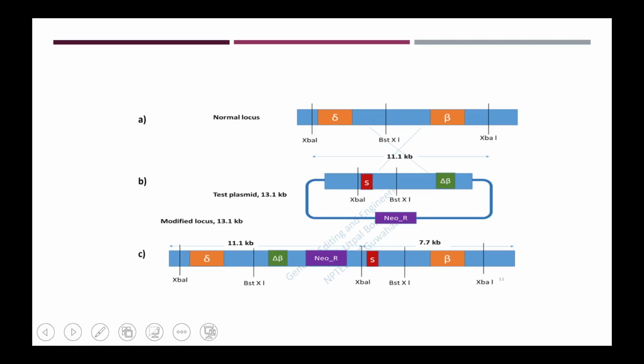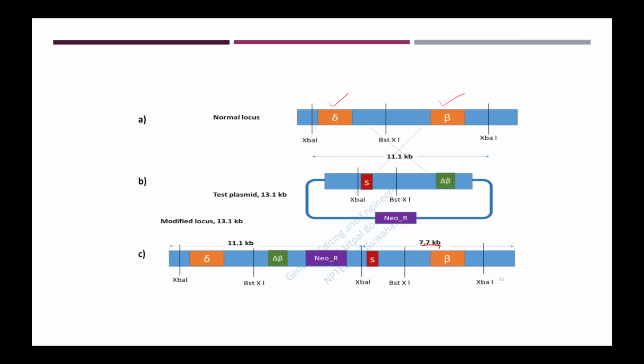So you can see that this one is a normal locus where these two genes, delta and beta, are present, and this particular region is homologous to the targeted template that we are providing.